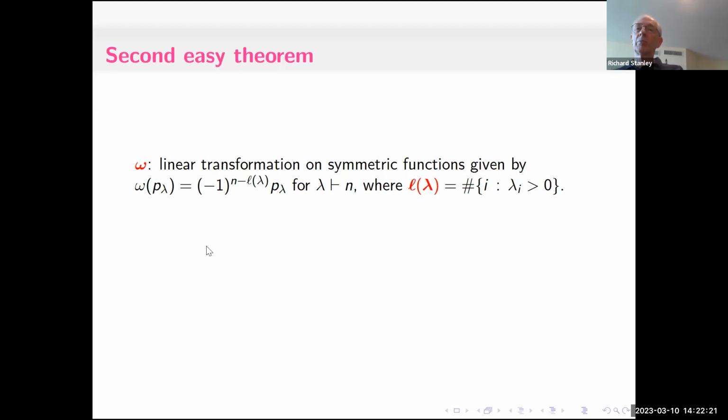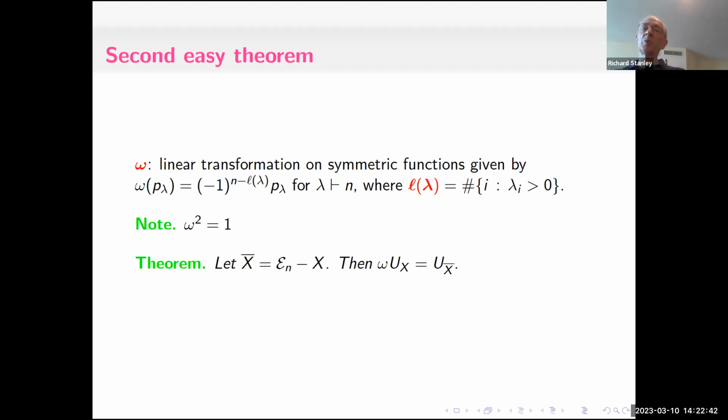And it's linear over the rationals, so you extend the definition by linearity. So the p lambdas are eigenvectors, and the eigenvalues are plus or minus 1. In particular, omega is an involution, which is immediate from this definition. And an easy theorem, once you know a little bit about symmetric functions: if you let X bar be the complementary subset to X, everything in En not in X, then omega Ux is Ux bar.